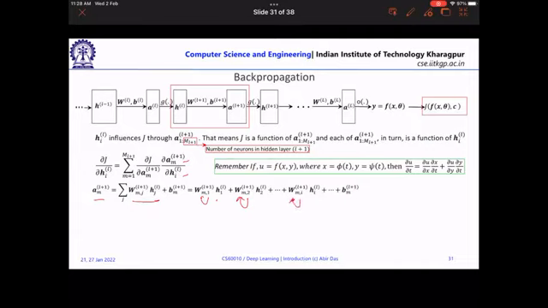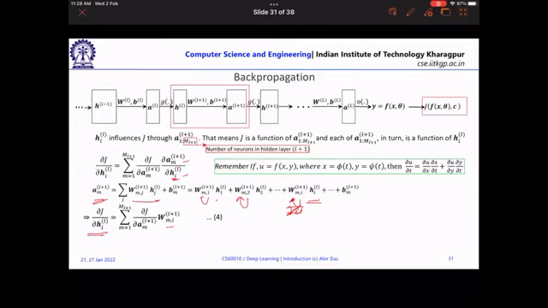If you are trying to find the derivative with respect to this H_i, only this part will remain. That is what we are doing. So here you have ∂J/∂A_M(L+1), and you are getting finally ∂J/∂H_iL. So this is the fourth equation.